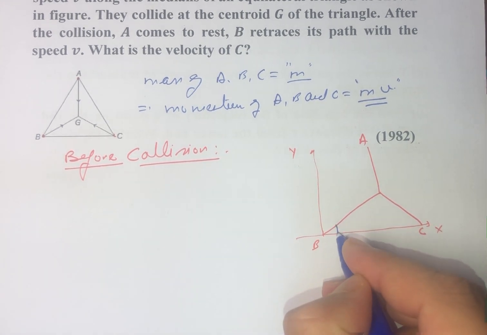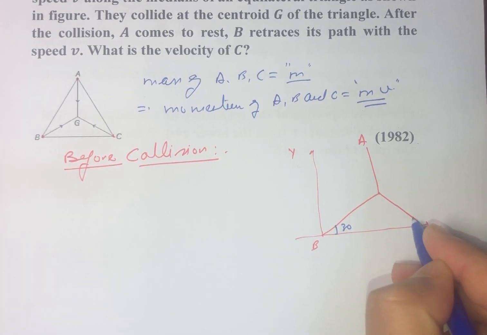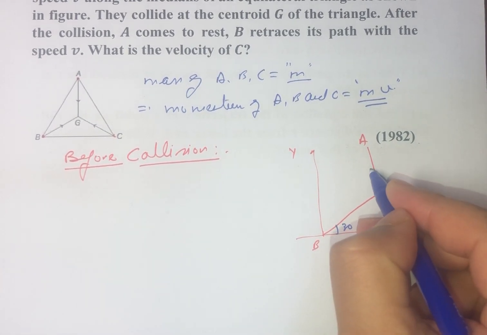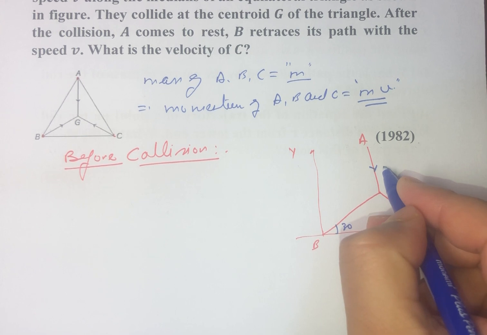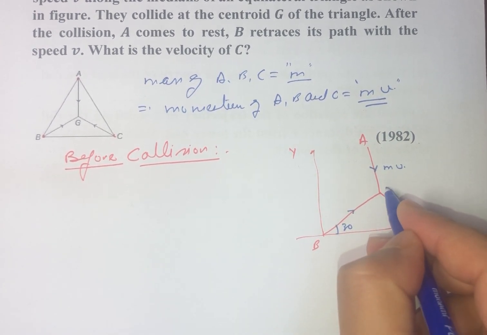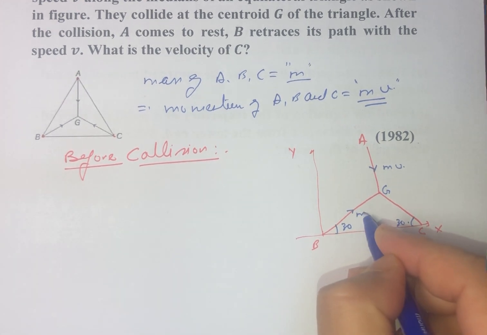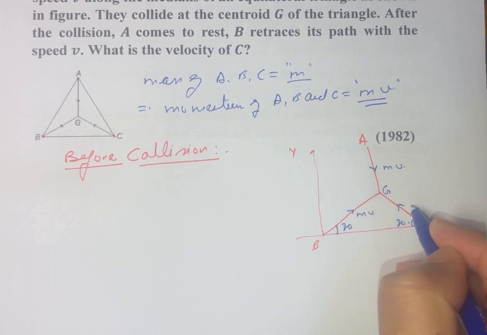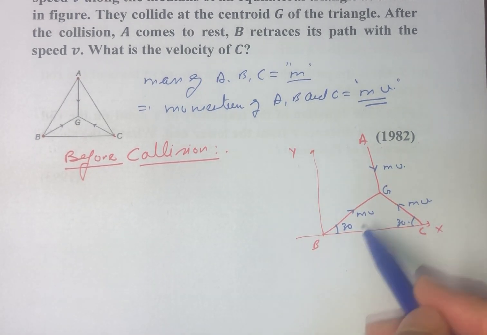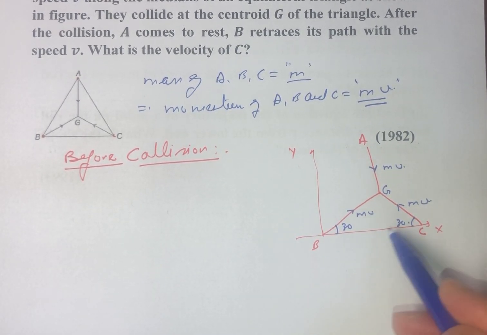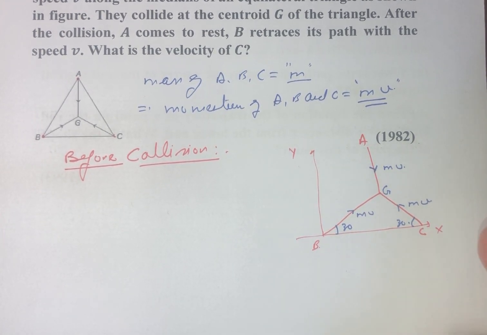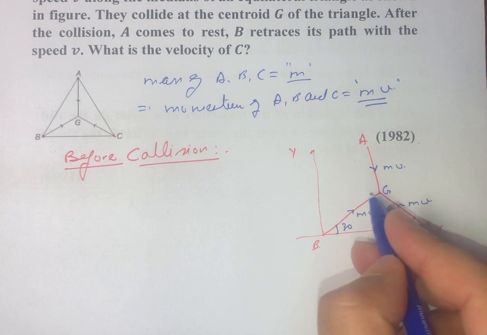So this angle will be 30 degrees and this also 30. So we have particle A moving in this direction with the momentum of mv, B in this direction toward the centroid, that is G, with the momentum of mv, and here also C moving with the momentum of mv. Now let us divide, especially for particles B and C, into horizontal as well as vertical components.